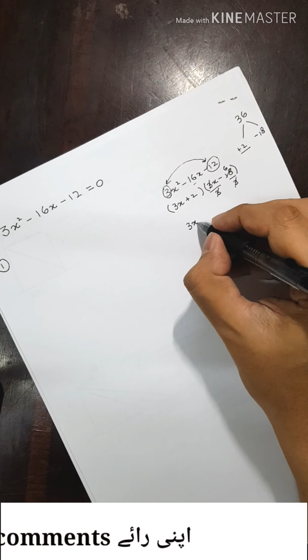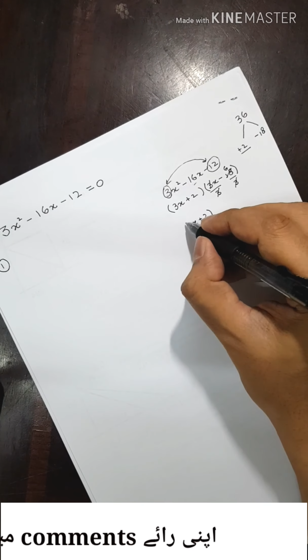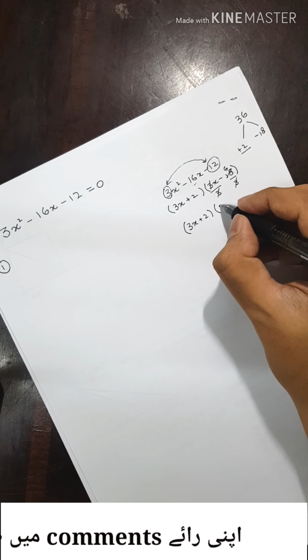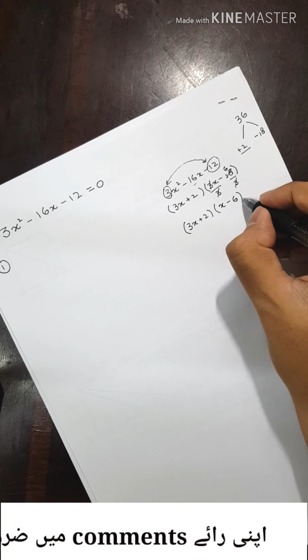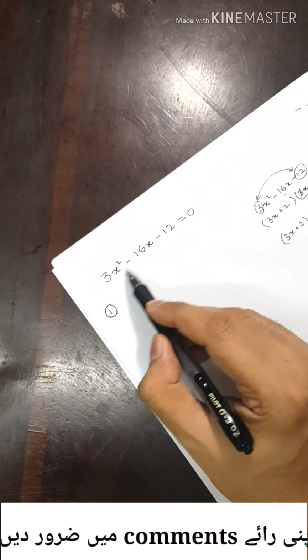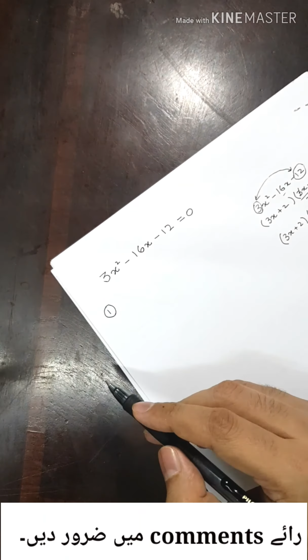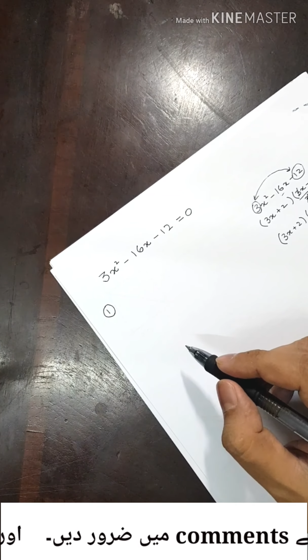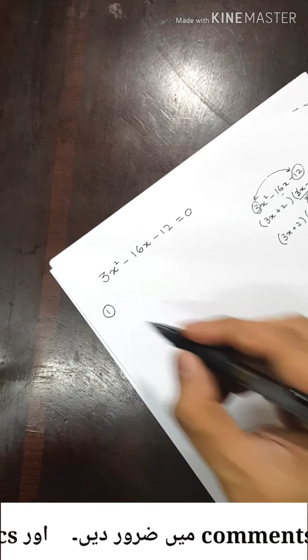So after simplification we have 3x plus 2 and x minus 6. These are the factors of this portion.